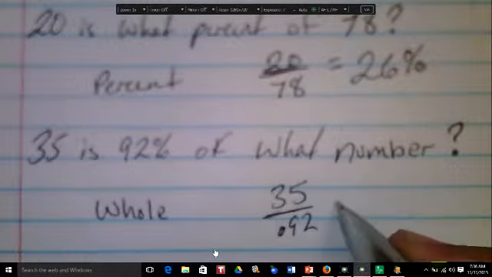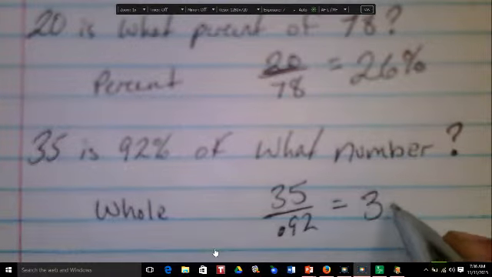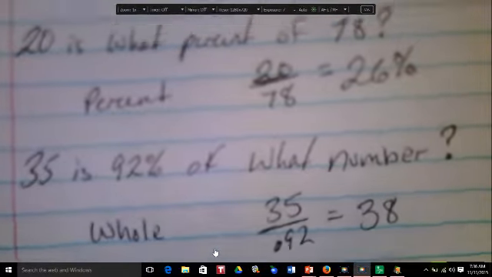You'll go into your margins, figure that out, and it'll give you about 38. Was that clear? I hope so, but just in case it wasn't, let me give you the trick.